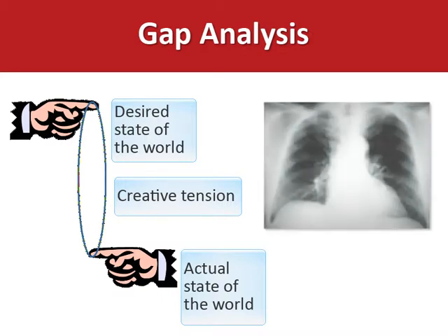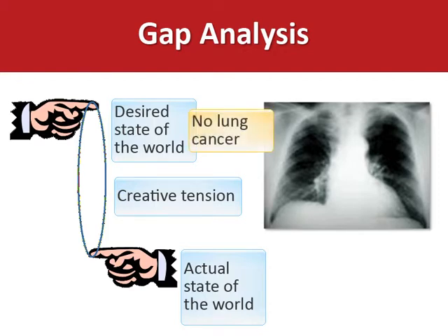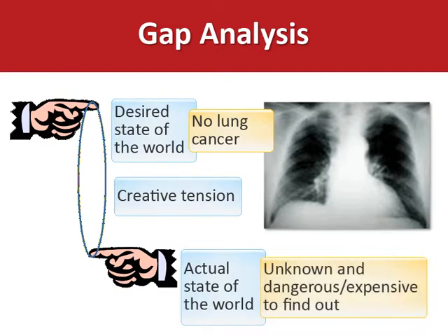Now, in the case of lung cancer and x-rays, the desired state of the world is clearly not to have lung cancer. But the actual state of the world is unknown. It's costly or painful or both to find out for certainty whether an individual has lung cancer, and thus we have to rely on evidence and conditional probabilities to make a better informed assessment.